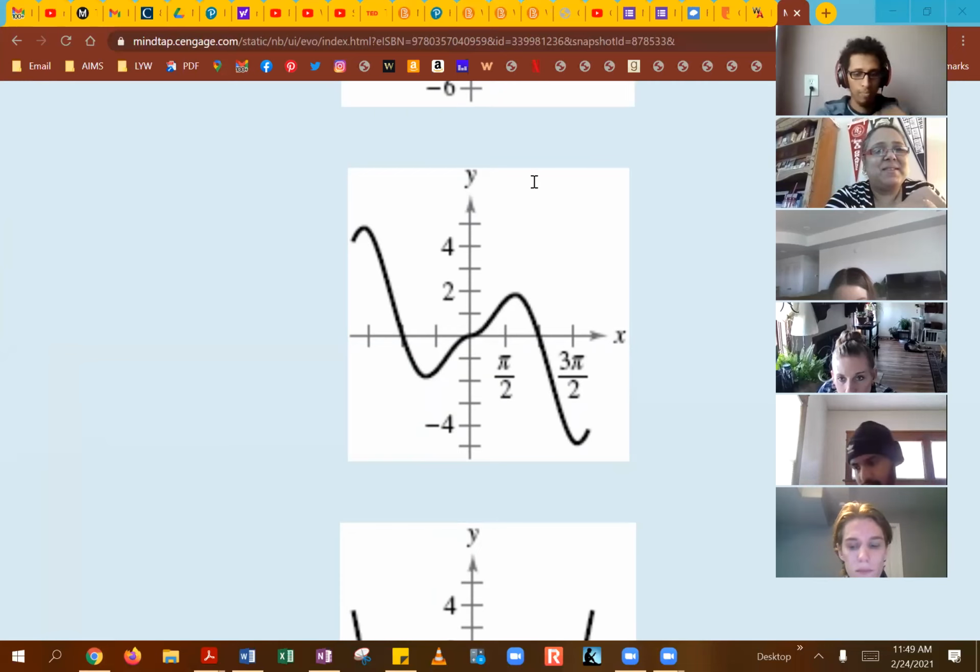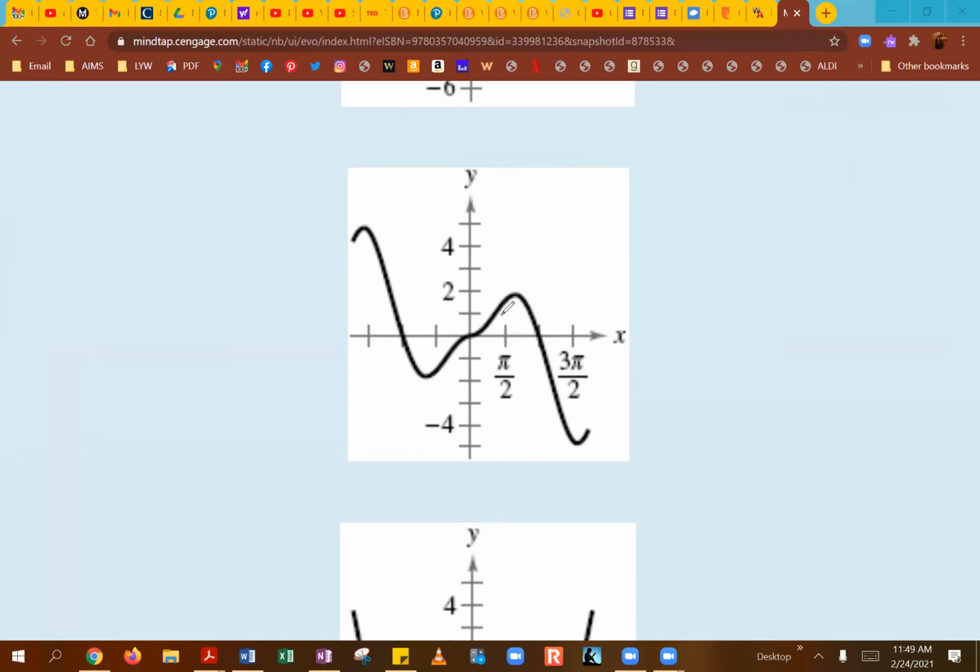Because think about this. As your x value is getting closer and closer to 0, your y value is also getting closer and closer to 0. So as x goes to 0, your function, or basically your y value, is also going to 0.